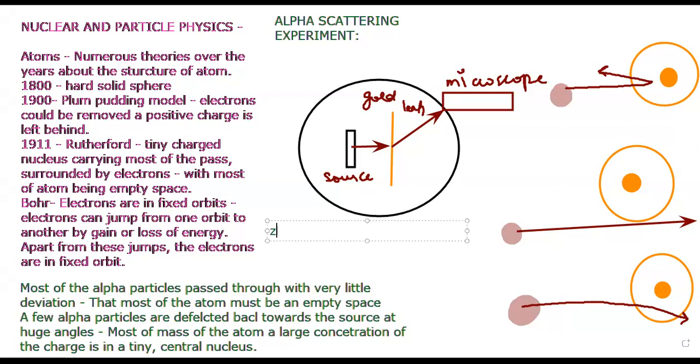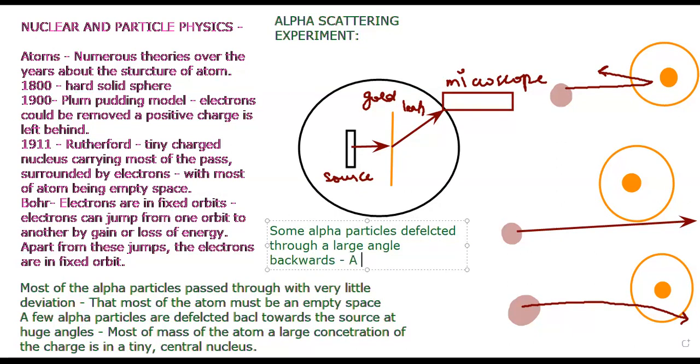That some alpha particles deflected through a large angle backwards. So this allowed them to conclude that a large concentration of positive charge is in one place.